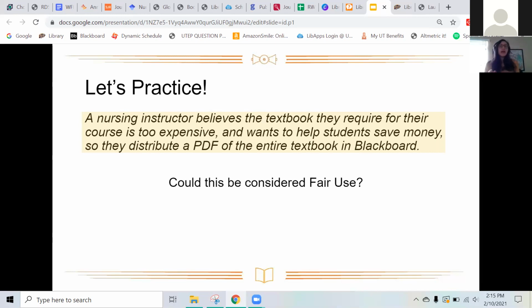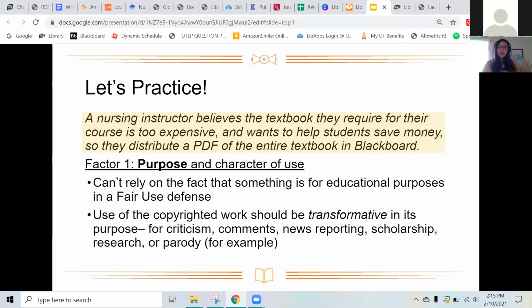Let's practice by applying the four factors of fair use. The first factor, the purpose and character of the use. Like I said before, you can't rely on the fact that something is for educational purposes to fill out your whole fair use defense. The use of copyrighted work should be transformative in its purpose. So if you're using copyrighted work, it should be for criticism, for commentary, to support news reporting or scholarship, research, or parody.